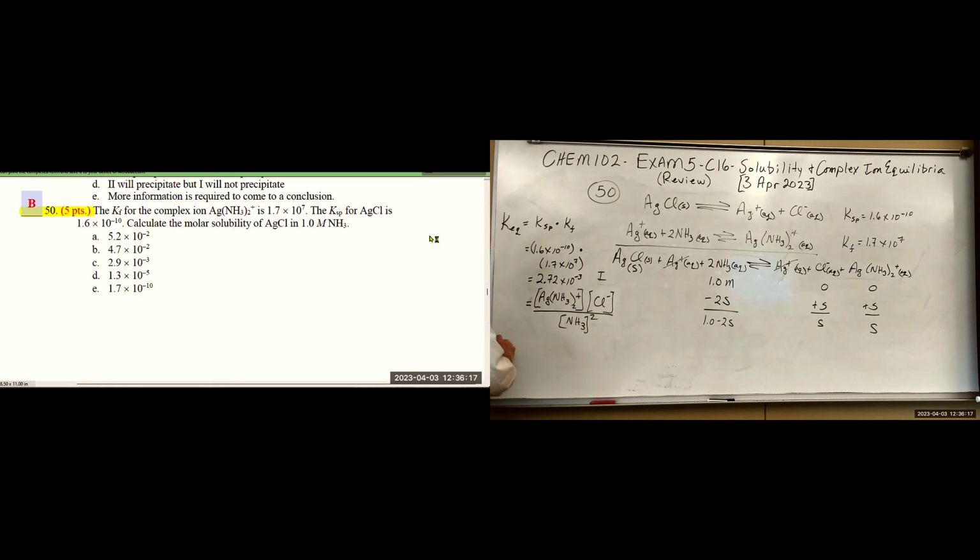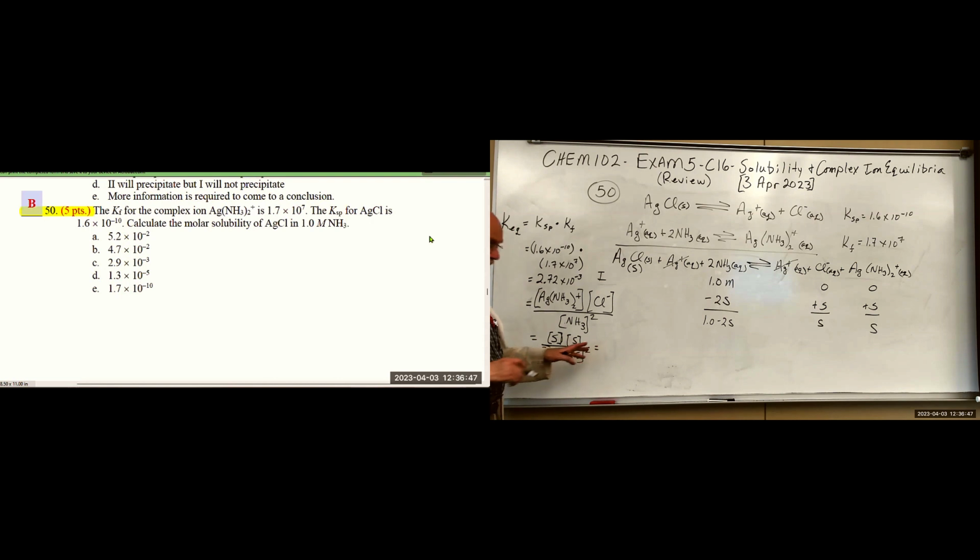Okay, so we can plug in values for these. Well, unknowns. This one is s. This one is s. This one is 1 minus 2s, and this one is squared. So what is this equal to?